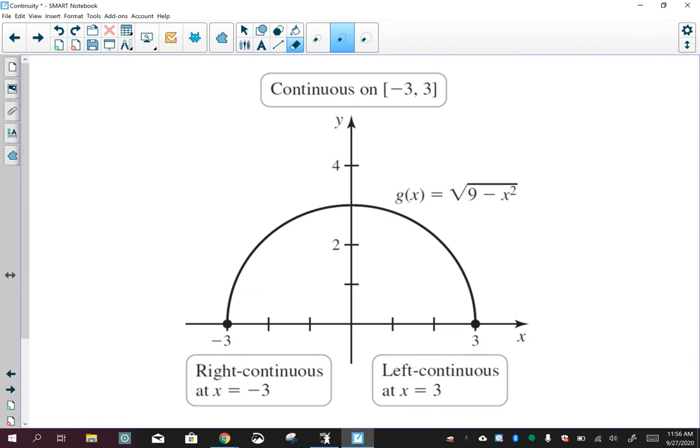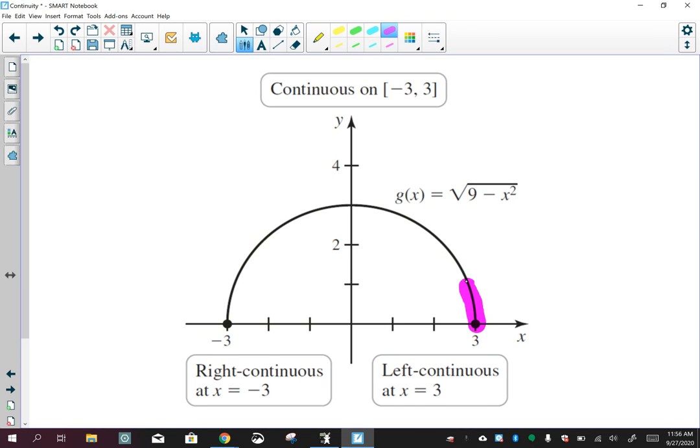And if you take a look here, mind you, square roots can be equal to 0, so that's absolutely okay. So I am right continuous at -3. That basically means I can start at -3 and I can move forward in this direction here. And then I can turn around and look at 3.